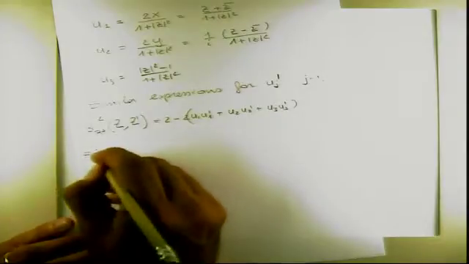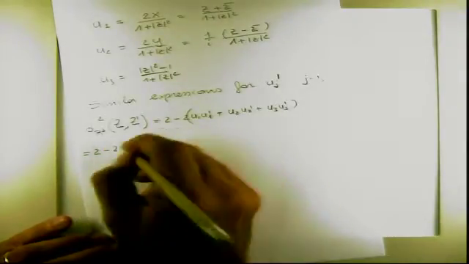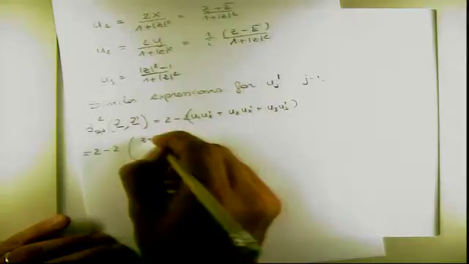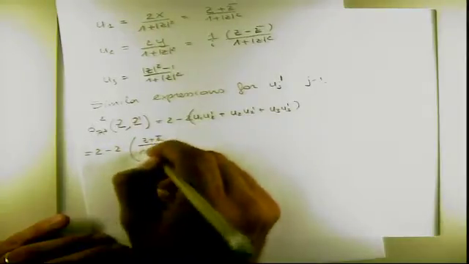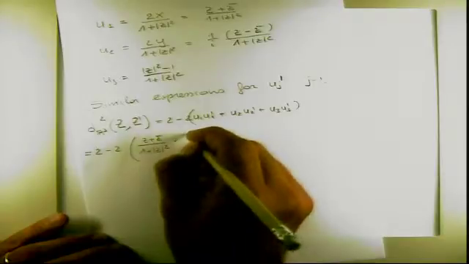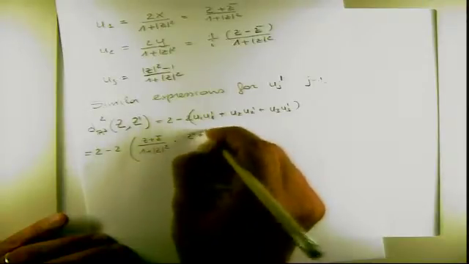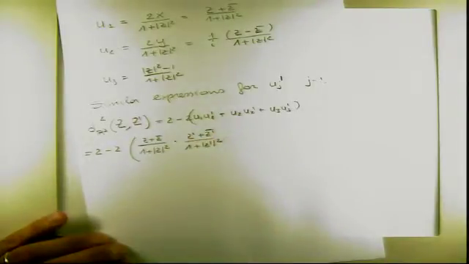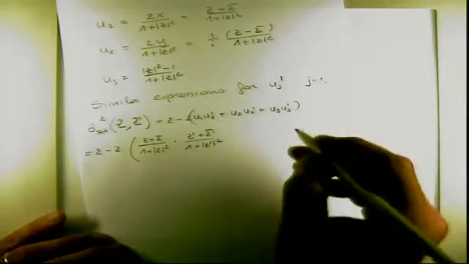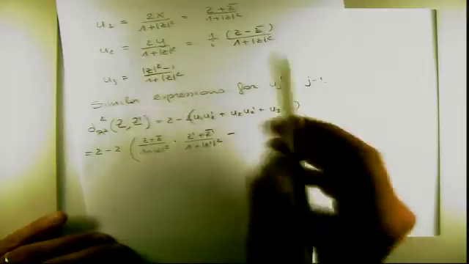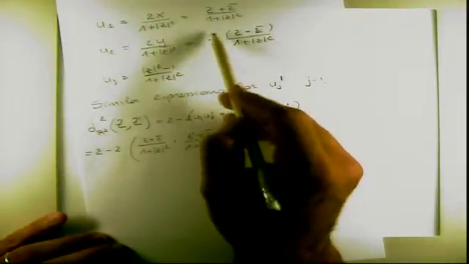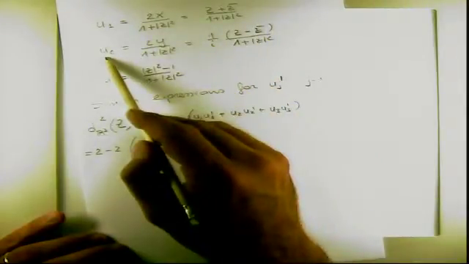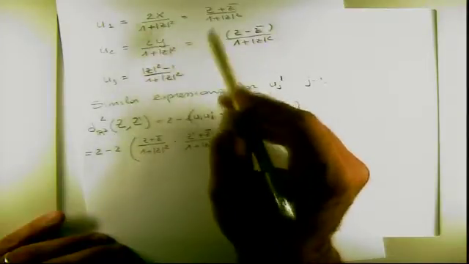So I have 2 minus 2, and then I have here z plus z bar over 1 plus modulus of z squared times z prime plus z prime bar over 1 plus modulus of z prime squared. Correct? Then here, something new. Remember that I have 1 over i in front of this expression. That means that when I multiply u2 and u2 prime, I have 1 over i times 1 over i, so I have a minus.